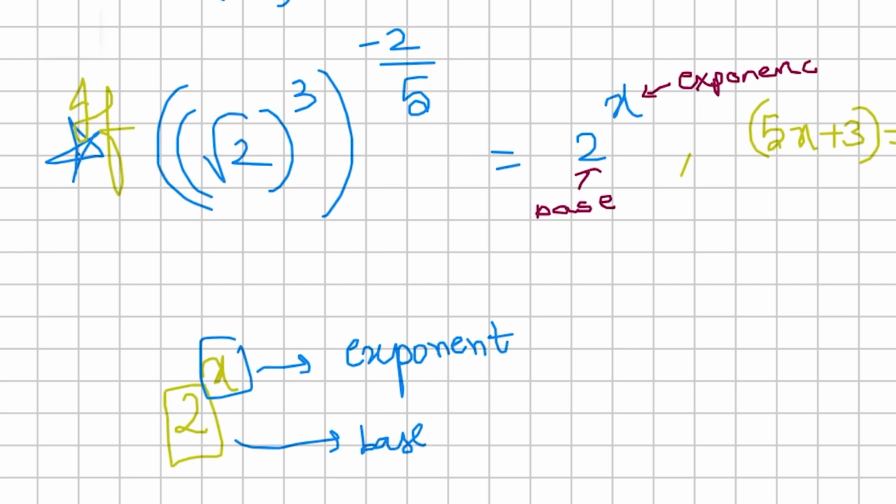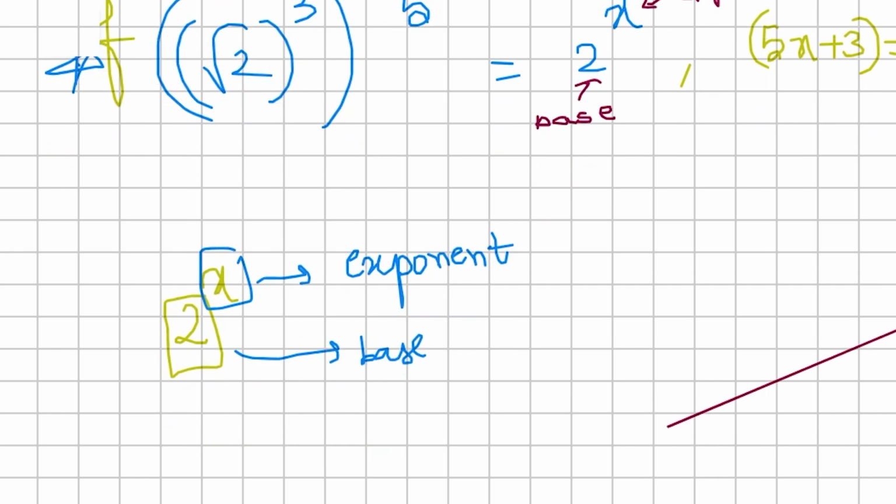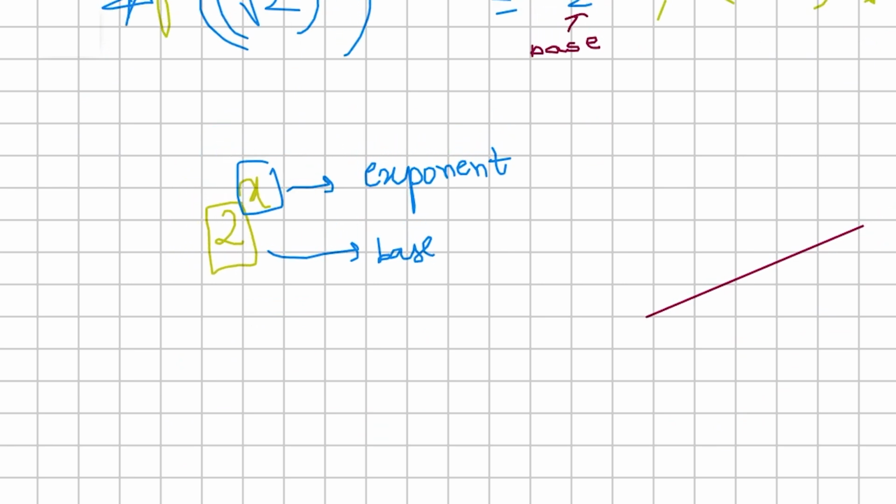See, square root means it's like 1 upon 2. 2 to the power 1 upon 2. So root a means a to the power half.